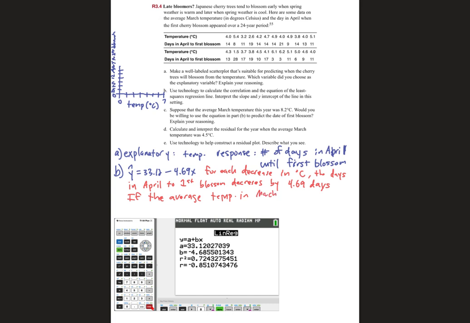I kind of didn't even really understand that until just now. If the average temperature in March is 0, and this makes more sense actually, is 0 degrees Celsius, the first blossom will be 33 days in April to first bloom, so that'll really be like May 2nd or 3rd. Wait, so there's March, April, so like 3 days, so May 3rd. First blossom will be on May 3rd.